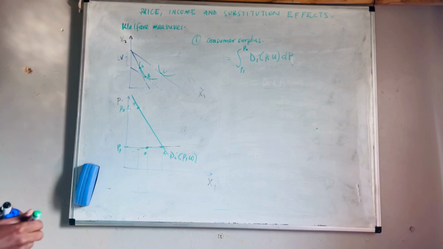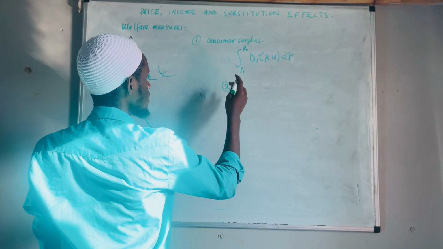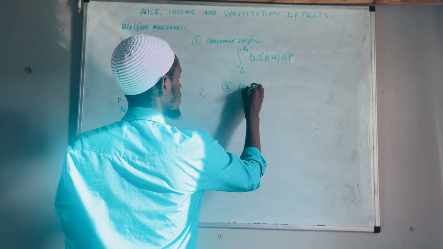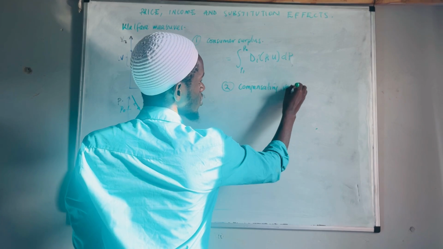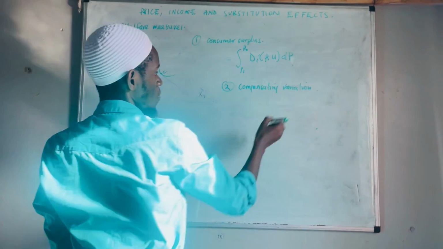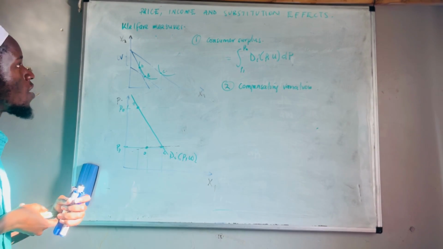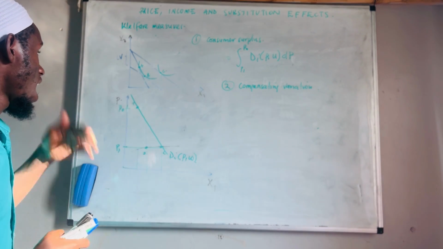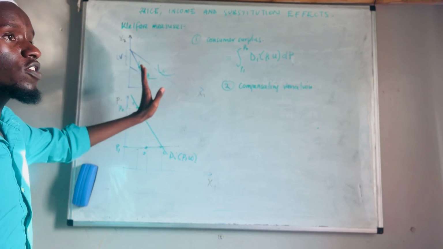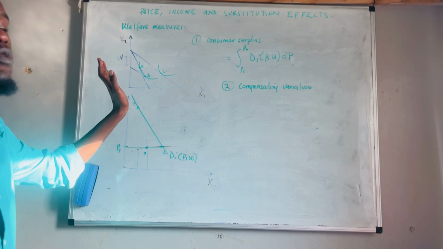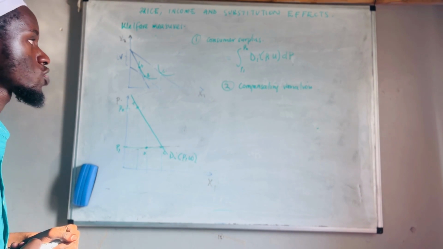Now, the second part is our compensating variation. Compensating variation means that as the price of commodity X1 reduces, an individual will have more money income, more purchasing power for X1.